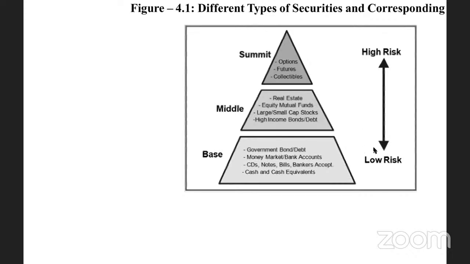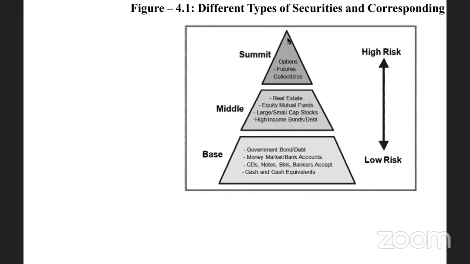And sometimes if you keep it in mutual funds, it is riskier than the previous one. And if you keep it in options, futures, and so forth, this is highly risky.